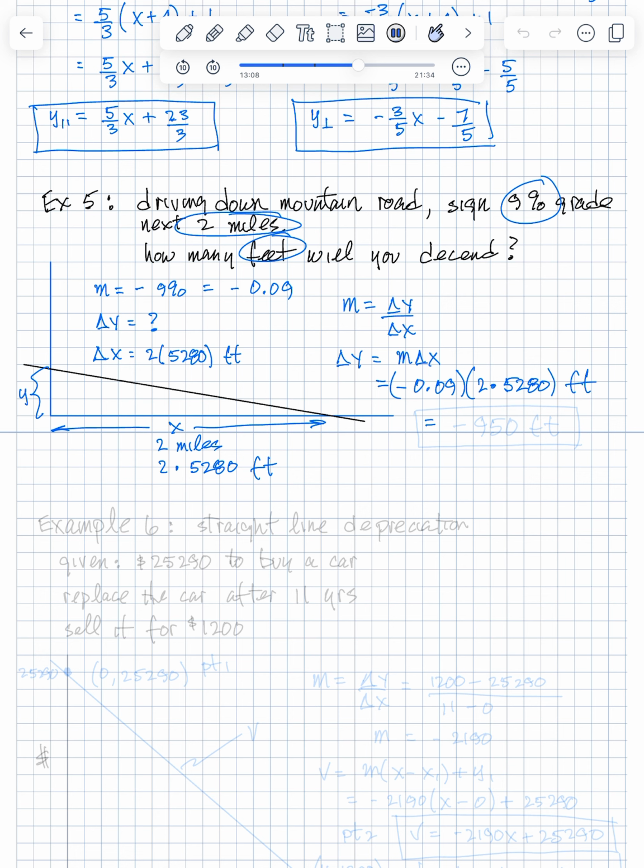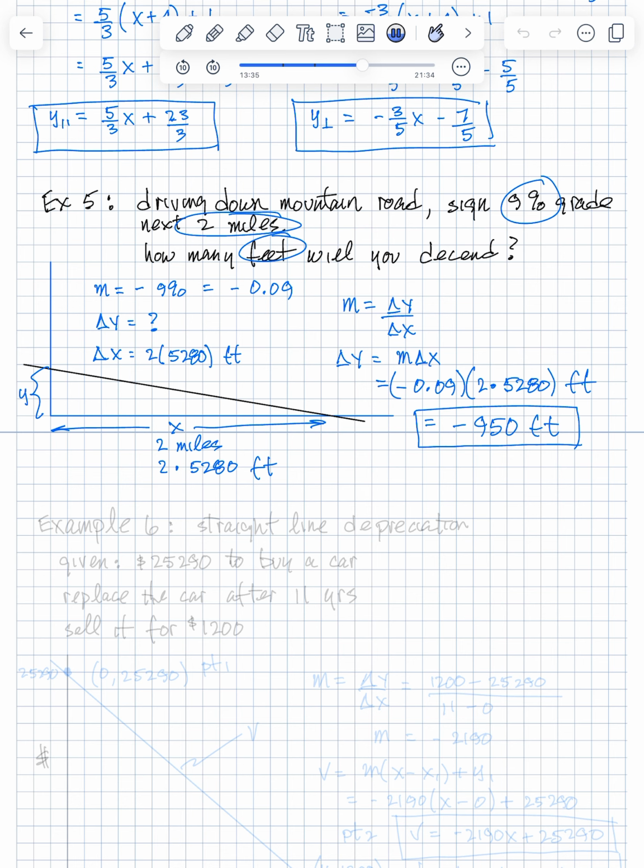So then if you just put that into your calculator, you'll end up with a negative 950 feet. So that's how far you will descend in height when you go 2 miles on this 9% grade road.